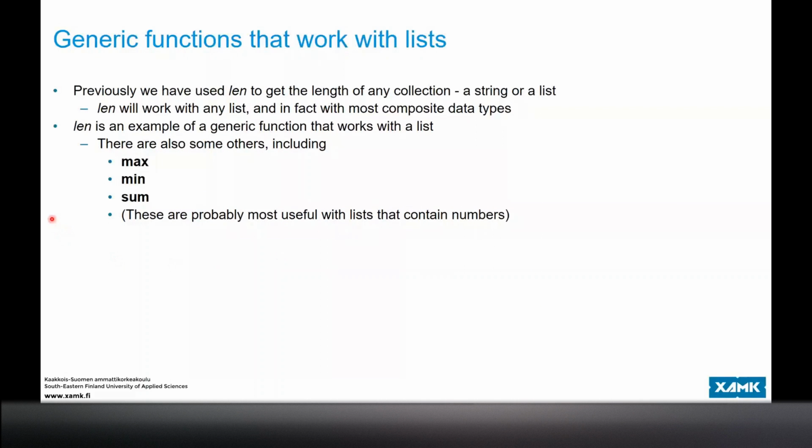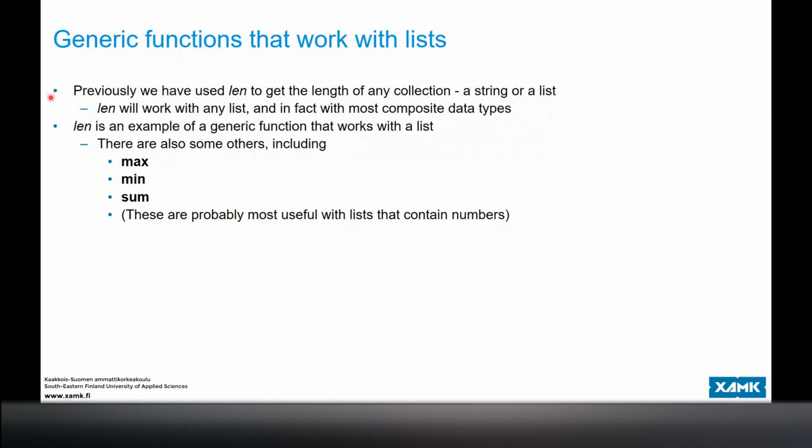Then, in addition to these specific, very special methods, functions that work with the lists and the lists only, there happens to be some generic functions that work with lists as well. So these are functions that are not called with this special dot notation.